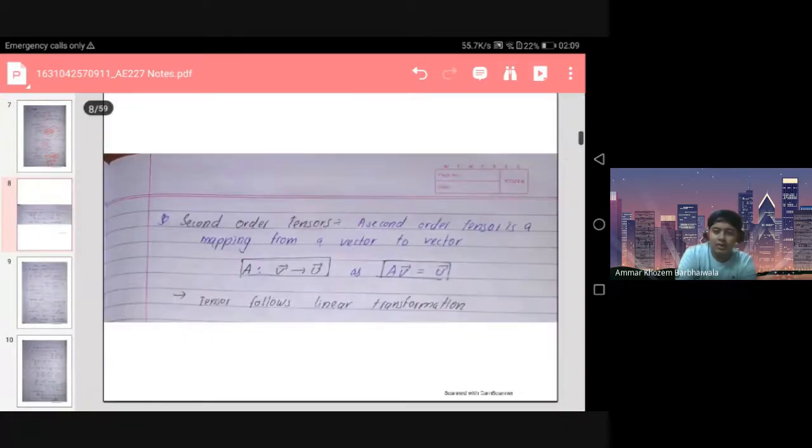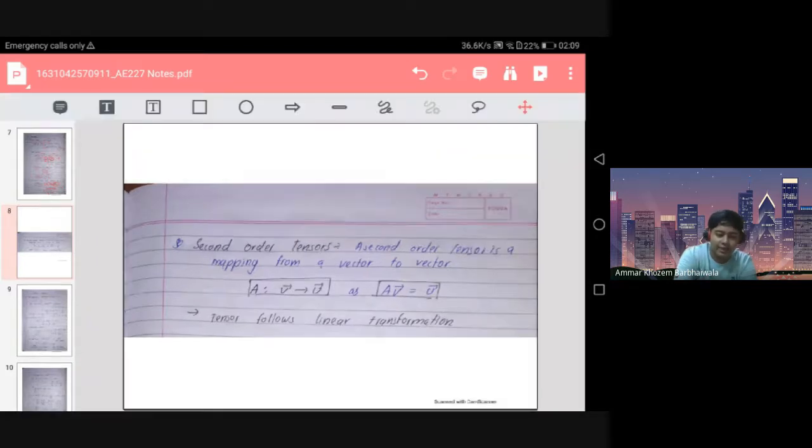There are also tensors. As we studied in our linear algebra course, a second order tensor is a mapping from a vector to a vector. If I have a vector v and want to go to another vector u, then applying this tensor on the vector v transforms it into the vector u. So it's basically a linear transformation.